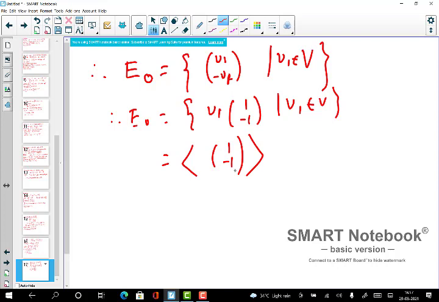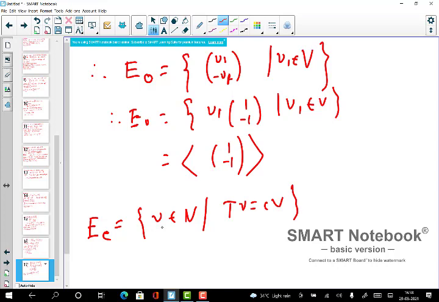Now for E2 also. Remember what we defined: for eigenvalue C, the eigenspace is all V belonging to the vector space such that TV equals CV.